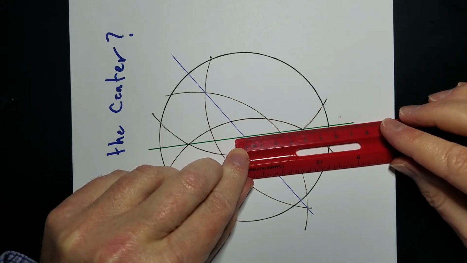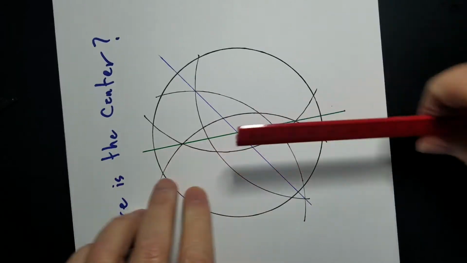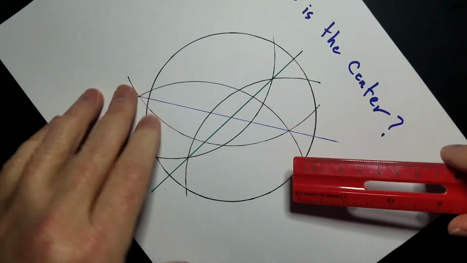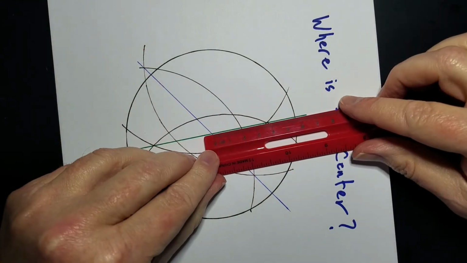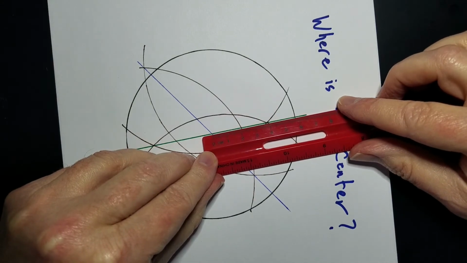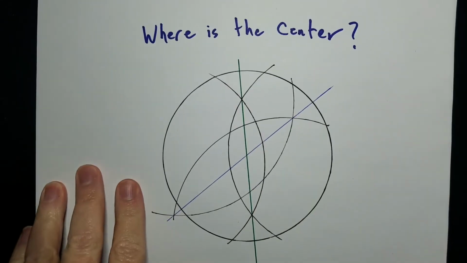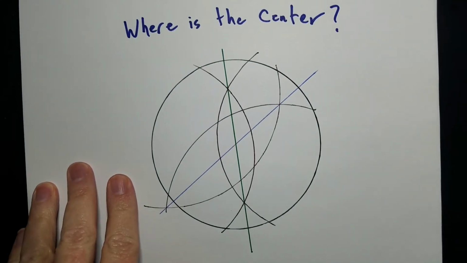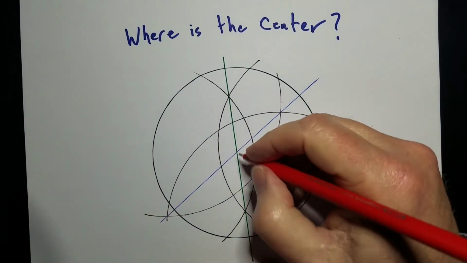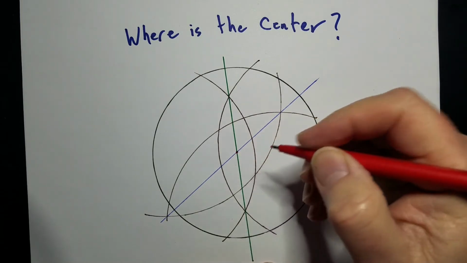Again, about 5.7. Looking pretty good. Over here, about 5.7. So this point right here is the center of your circle.